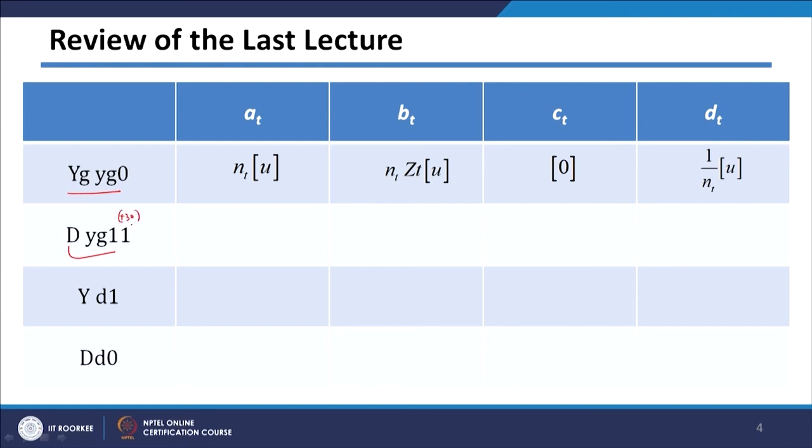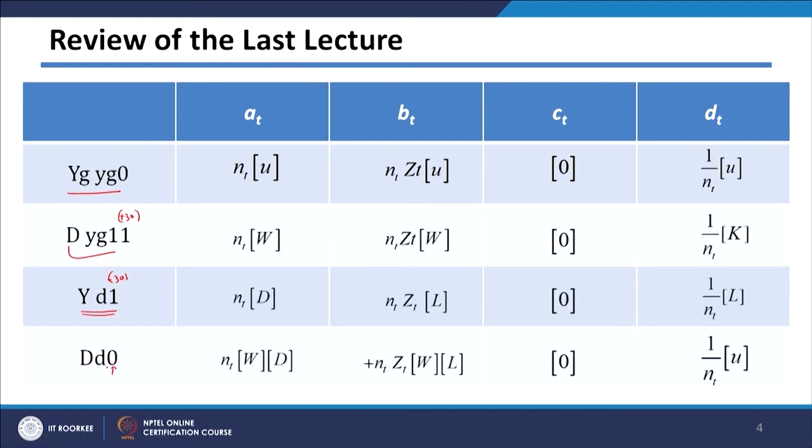And then we have seen ungrounded Y delta connection, which has minus 30 degree phase shift, so it is YD1. And then finally we have seen delta delta connection, which has phase shift of 0. And the ABCD parameters which we got for these transformer connections are summarized here.